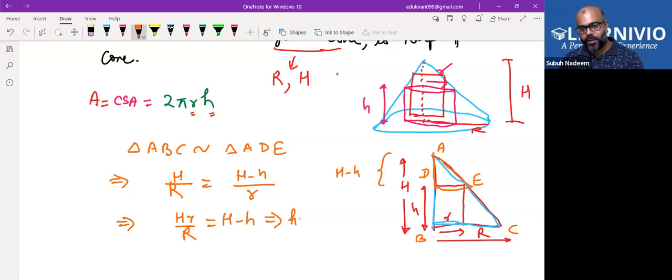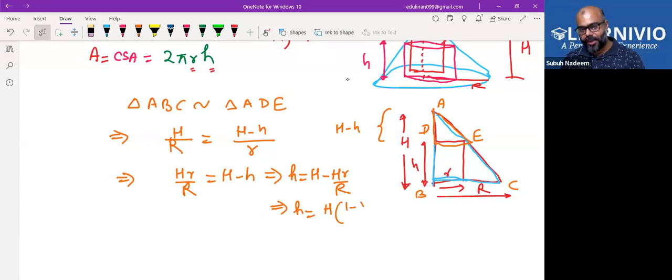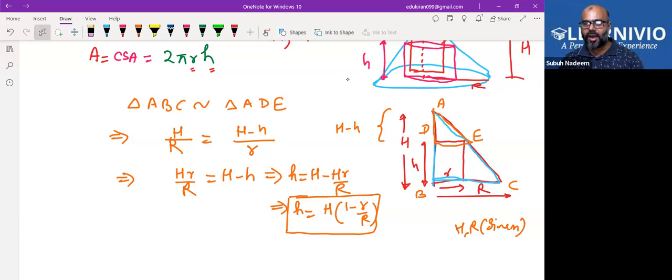So h will be equal to H minus Hr by capital R. Now from here we can say that h is equal to H(1 minus r by R). So this is a relationship which we are getting between small h and small r. Capital H and capital R are given. Small h and small r are varying. Okay. So write till here first.